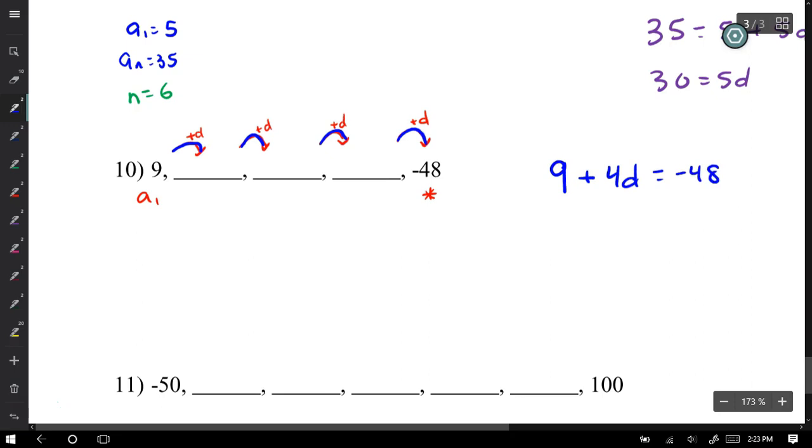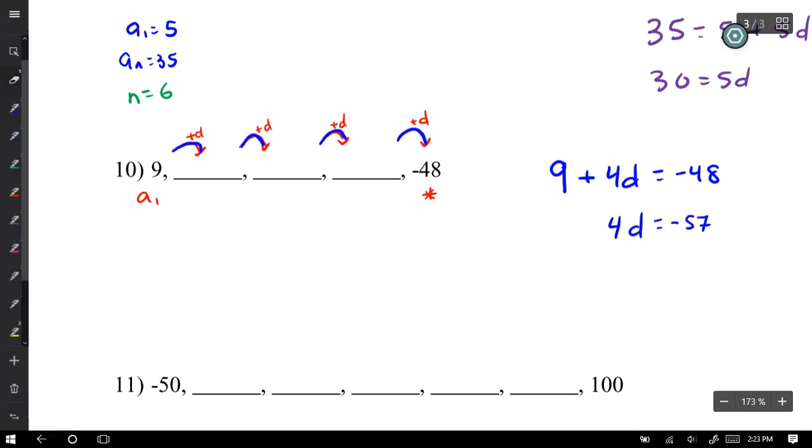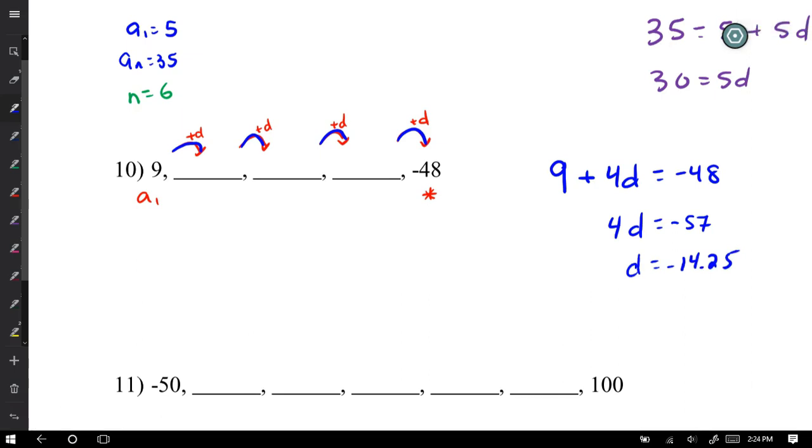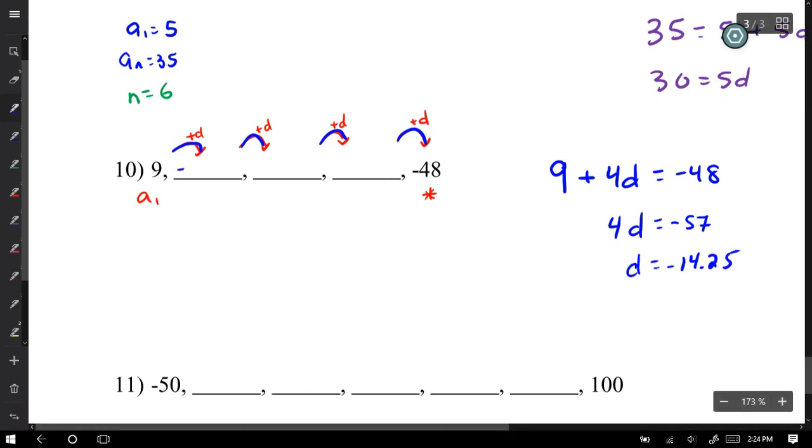I can solve this. 4d equals, subtract, I get negative 57. If I divide, I get negative 14.25. Well, let's see if that works. If I have 9 minus 14.25, the next term is going to be negative 5.25.